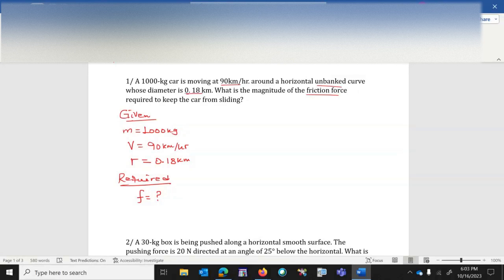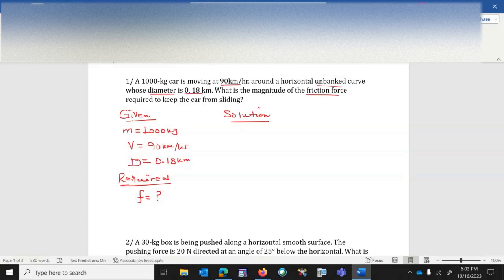We need to convert everything into SI units, and then we have to know the relation between the radius and the diameter, because this one is given as the diameter, d, and then we will find the radius. Now let's go to the solution. This is a circular motion kind of problem.